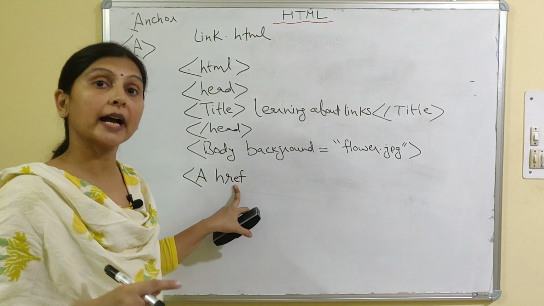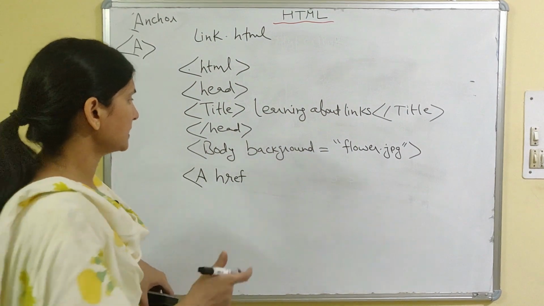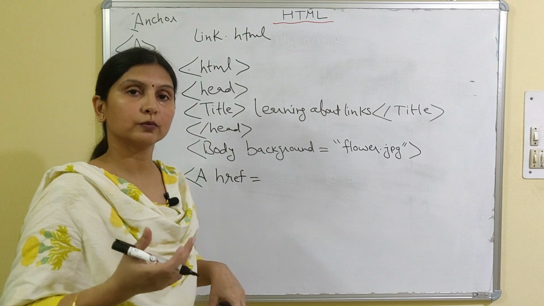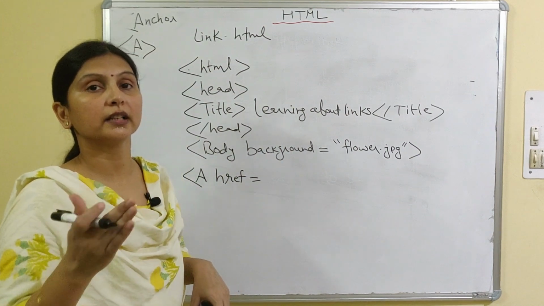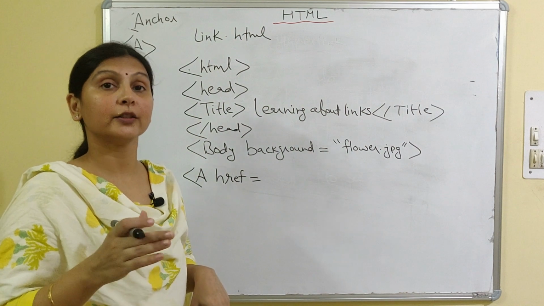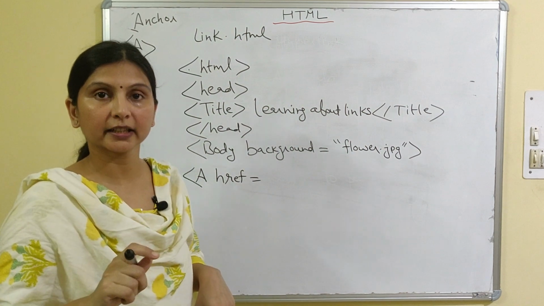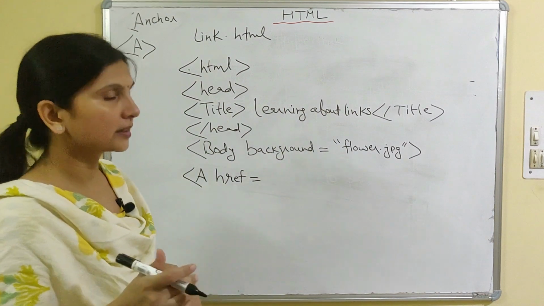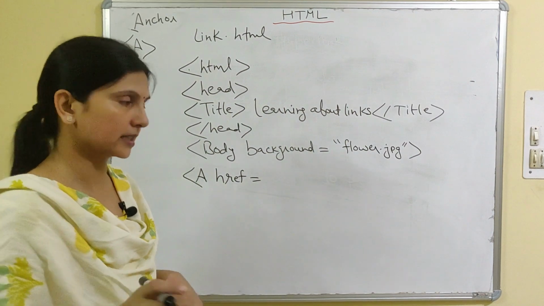Href stands for hypertext reference. In href, we give the name of the other web page which we want to open. Which file do you want to open when I click on "click here"? We want to show the result, so let the other web page name be result.